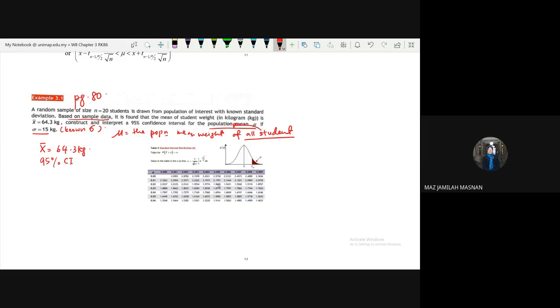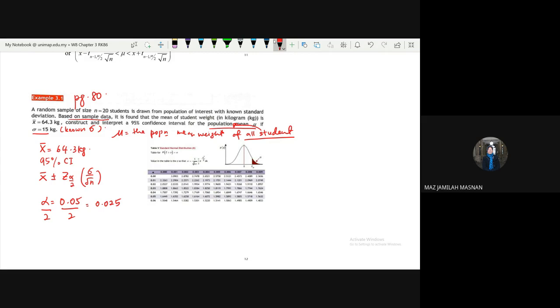So we know that we need to find x bar plus minus z alpha over 2, with sigma known, it will be based on sigma over square root of n. Let us find the alpha first. Your alpha here is 5%, so it will be 0.05, and you need to divide by 2 because of two tails, so you will have 0.025.